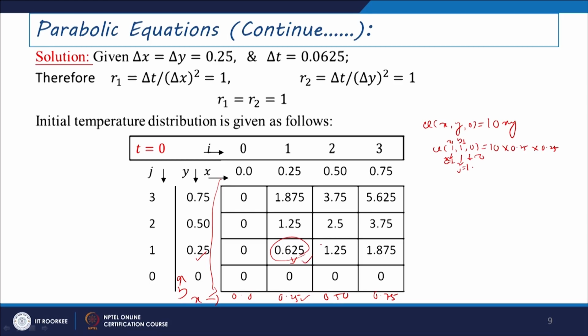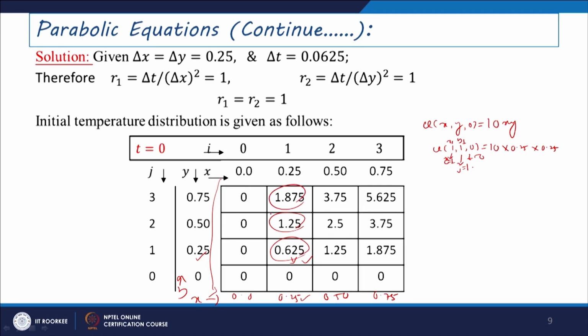Likewise, if you consider 0.25 into 0.50 into 10, this gives you 1.25, and if you consider 0.25 and 0.75 into 10, this gives you 1.875.